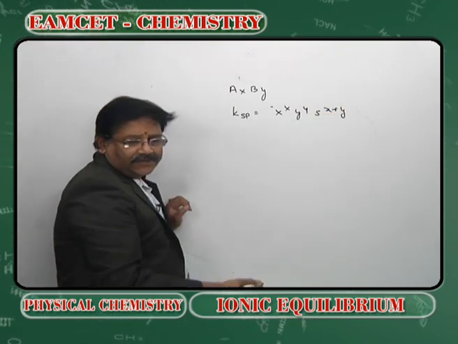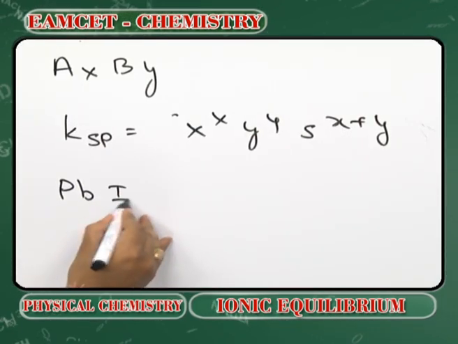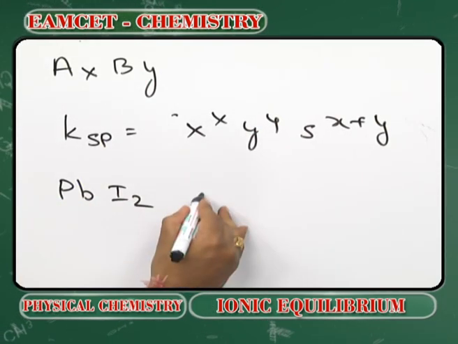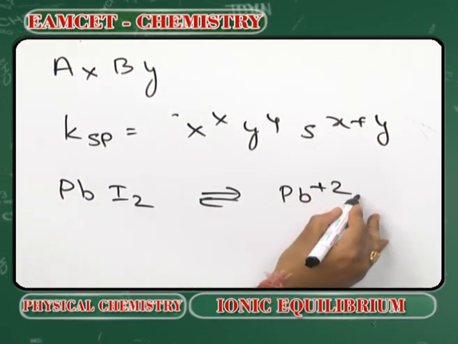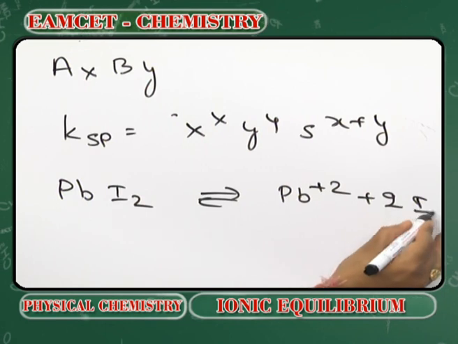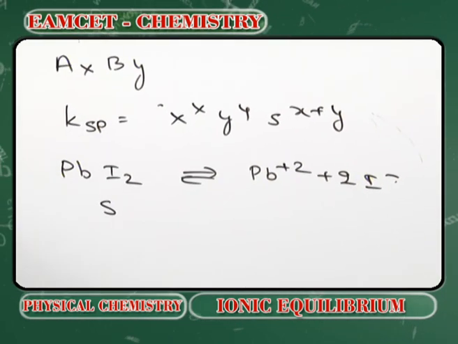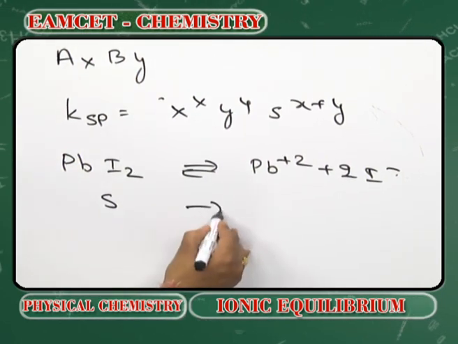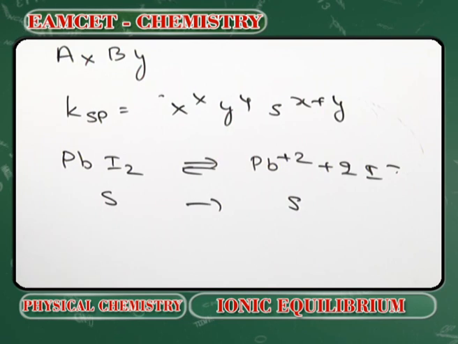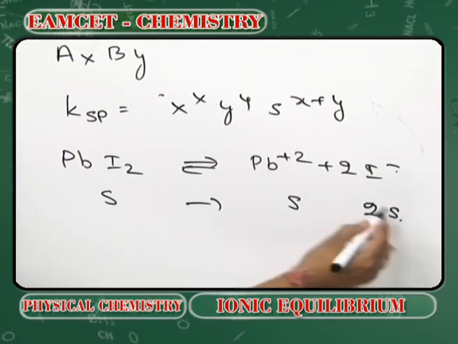For PbI2, what is the expression? PbI2 gives Pb2+ plus 2I-. When S moles of PbI2 dissolve, we get S moles of Pb2+ and 2S moles of I-.